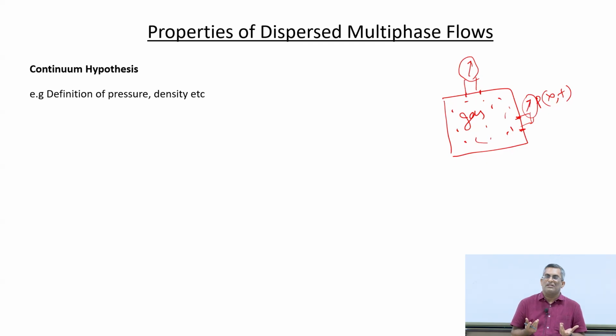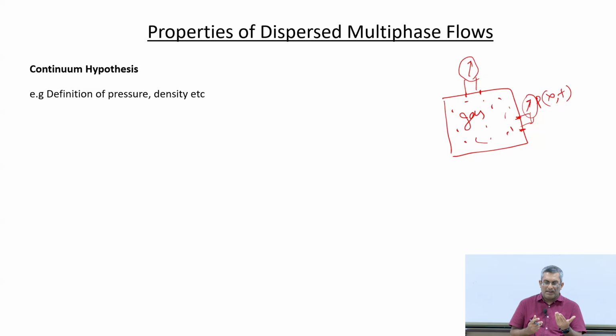This is because the continuum assumption gets automatically validated here. Because the physical dimensions and the time scales that you are considering are much longer than the time scale involved in the molecular motion of the molecules. That is the reason why the pressure does not vary with space or time.